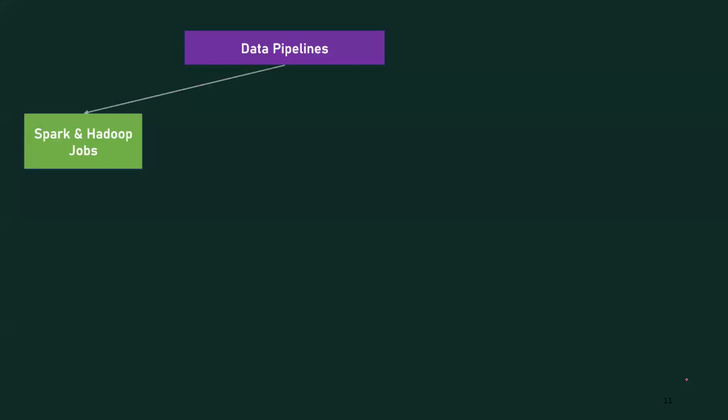Next thing, sir. Sir, so far we have just seen storage and database services. Sir, can you tell me how do we create the pipelines? Sir, I wanted to create the data pipelines. So can you tell me what are the services that we are going to cover in the GCP? Sir, to work with Spark and Hadoop, I wanted to create Spark and Hadoop jobs.